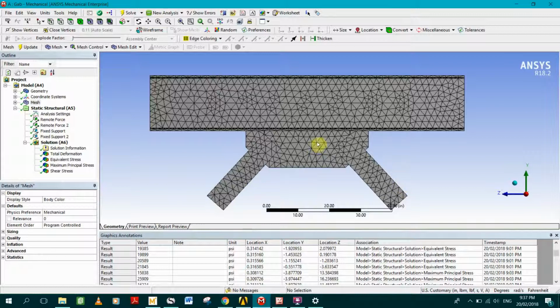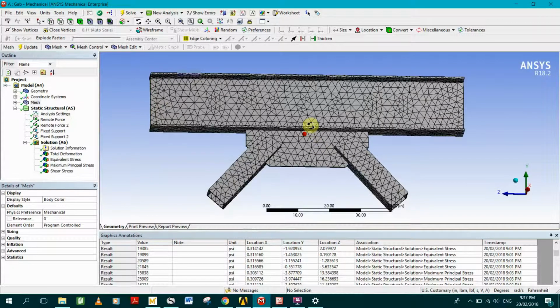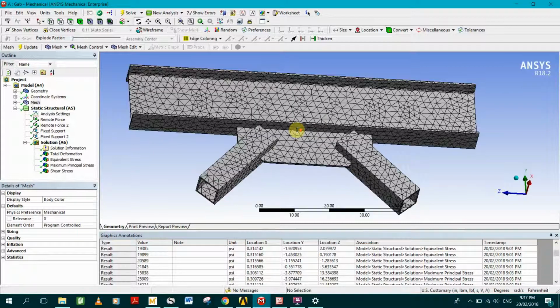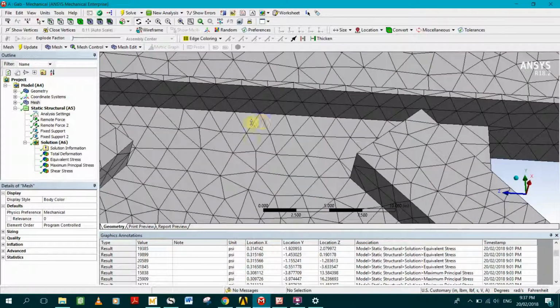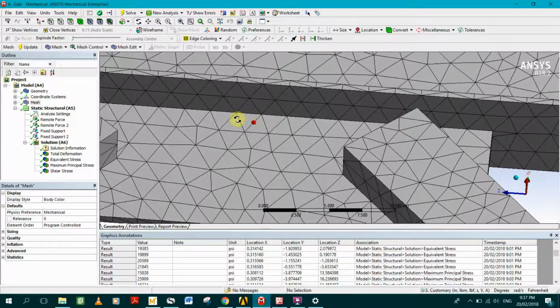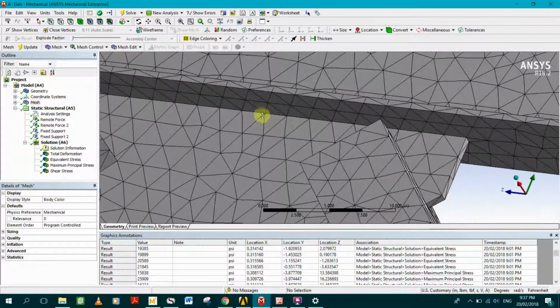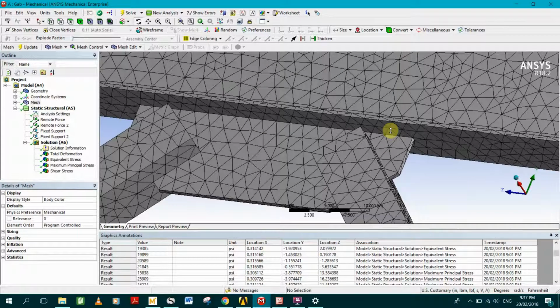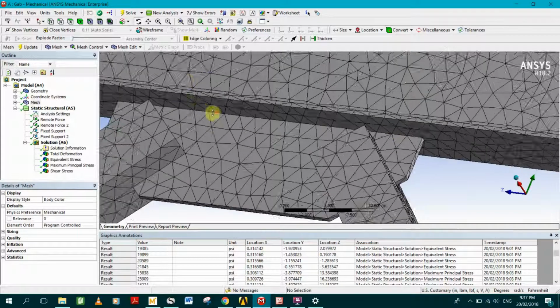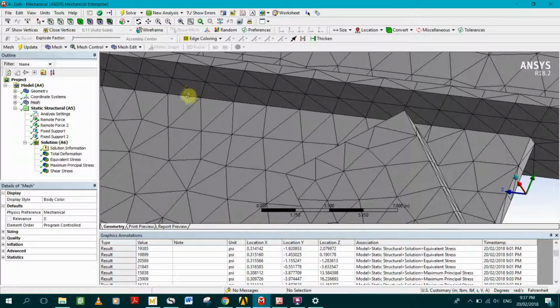So now we will look at the meshing and make sure that the model is compatible. Finite element analysis requires that the interface between the different elements are connected by nodes, or that the nodes between the elements are coincidental. As you can see here, the nodes along the edge of the beam flange and the gusset plate are coincidental.